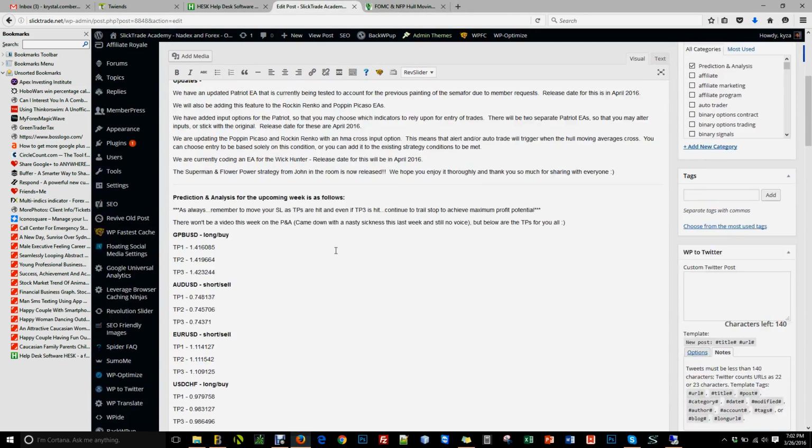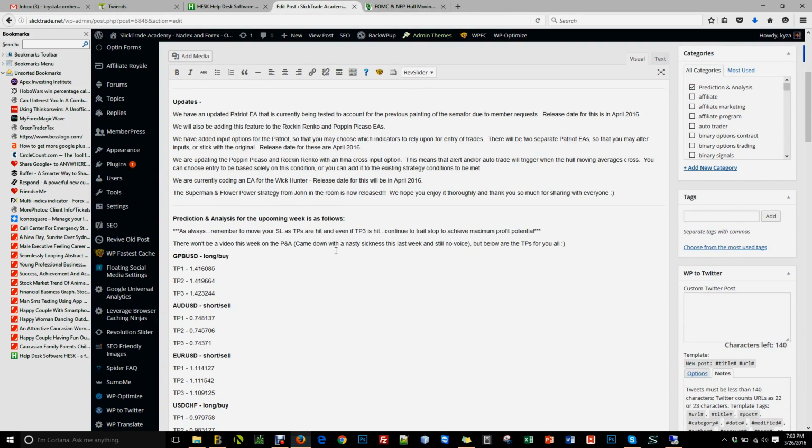Prediction analysis right here. I know I said this last week in the P&A, but we have an updated Patriot EA that is still currently being tested, but it's going to be released very soon, probably this week. What it's going to do is take into account the semaphore as well. That feature will also be added to the Rock and Renko and the Poppin Picasso.